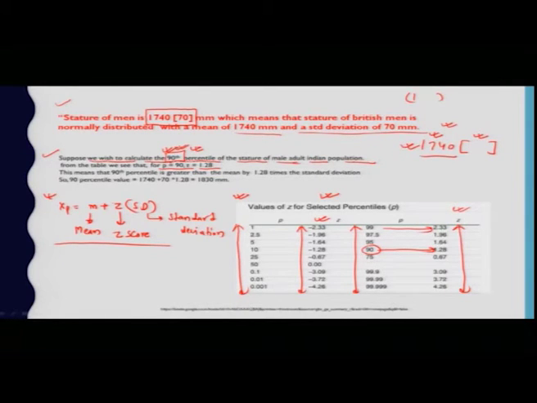So, now we will take this value. From the table we can see that p equals 90, z equals 1.28. This means that the 90th percentile is greater than the mean by 1.28 times the standard deviation.